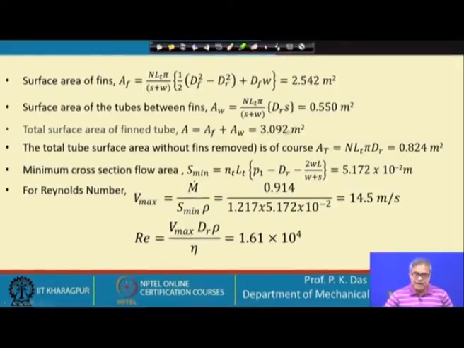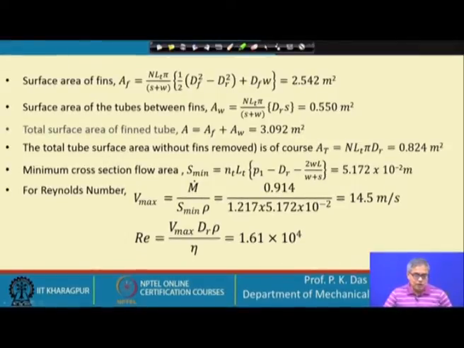But again here I like to mention that this surface area is not equally effective in heat transfer. The bare tube outer surface is more efficient or more effective, whereas on the fin surface there will be a variation of temperature. So, fin efficiency also we have to take into consideration.